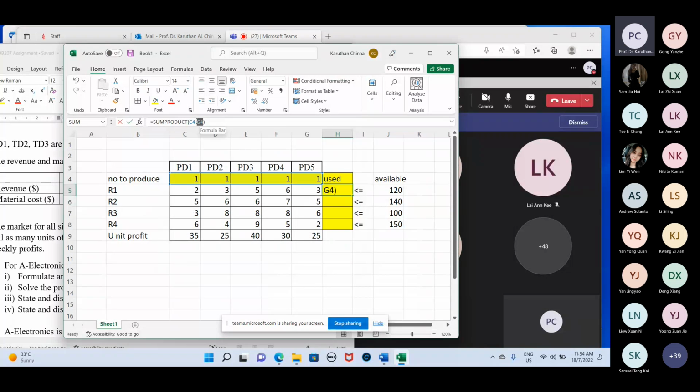SUMPRODUCT of this, Fn and F4. See, all $. That means freezing the cell. Fn and F4, so you don't have to do it 1 by 1. Comma. Right.